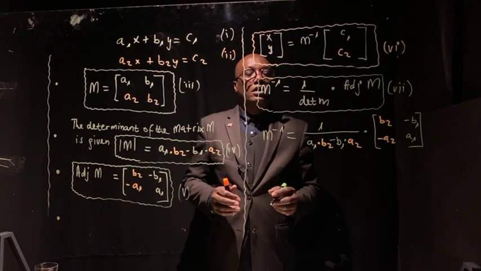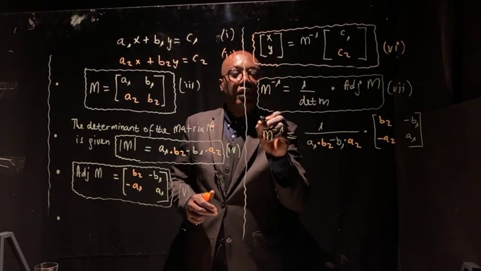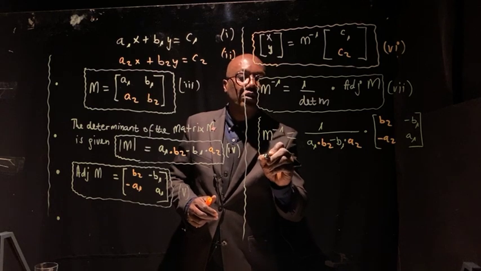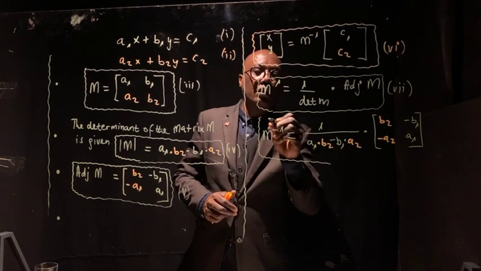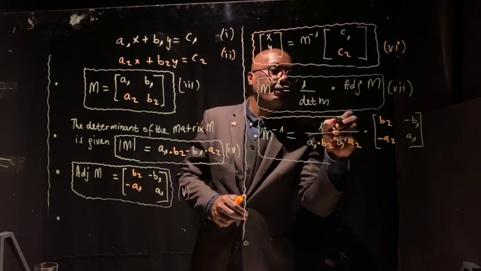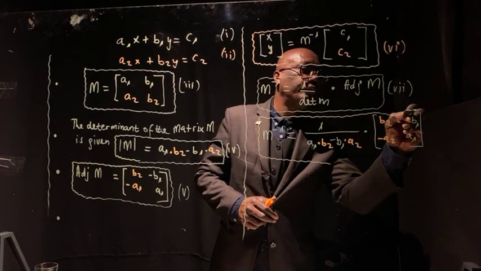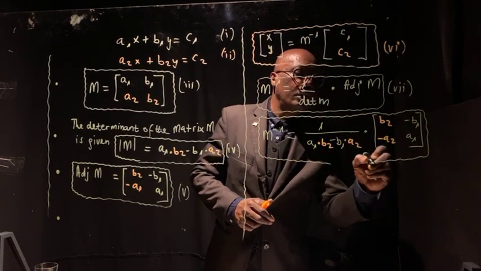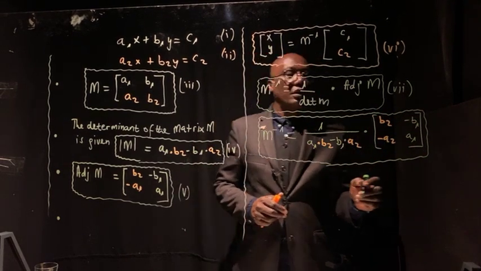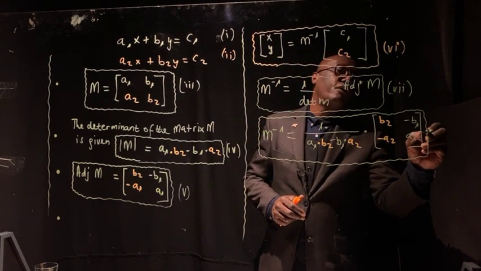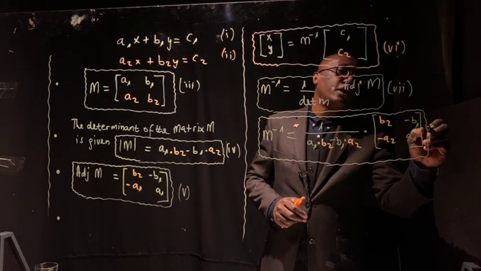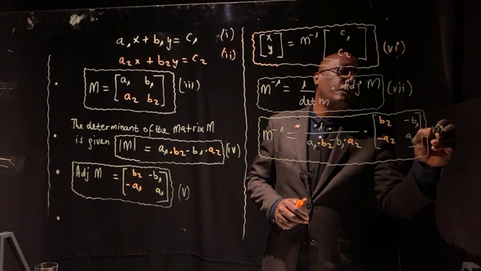This is the inverse of M, the inverse matrix, a 2 by 2 matrix. Good. Then we have, this one is equation 8.